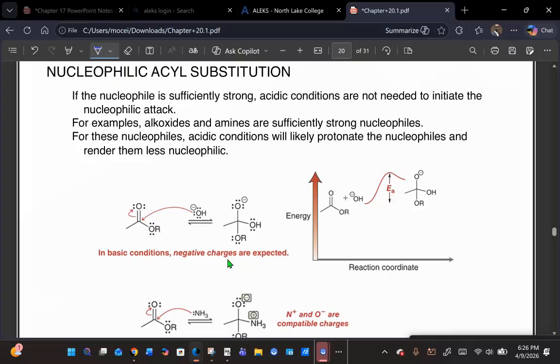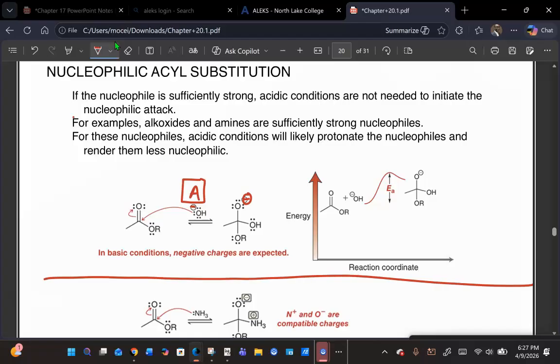Now, what did I tell you when you have a strong nucleophile? Do we do a P step? No. Whenever you're given a reaction with a strong nucleophile, it's an easy mechanism. And in basic condition, you expect to have negative charges. You don't want to have positive charges. In strong base, negative charge is expected in an intermediate.